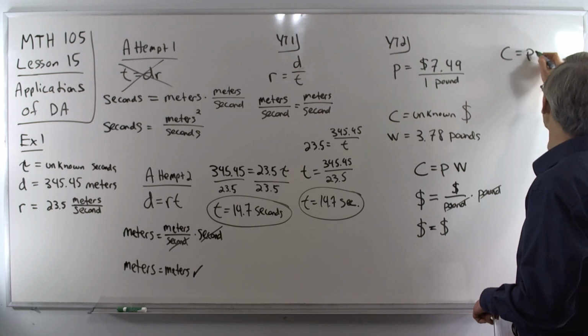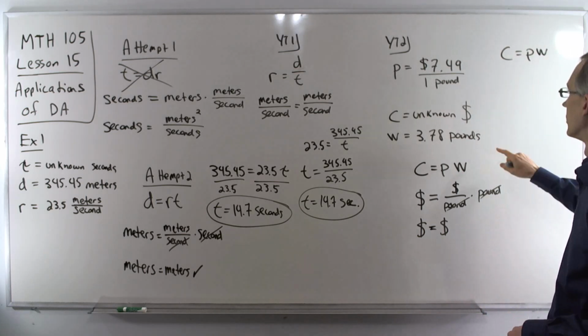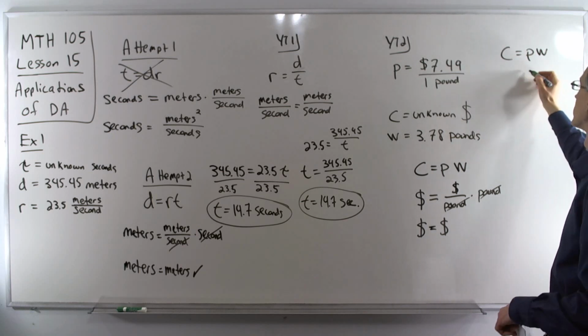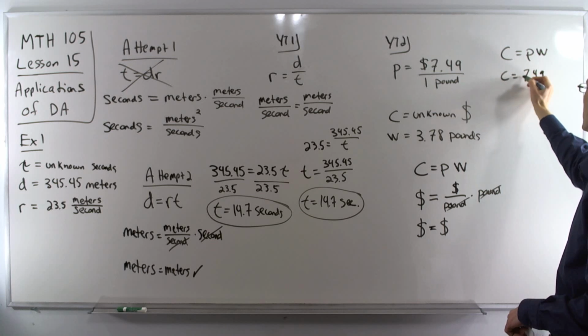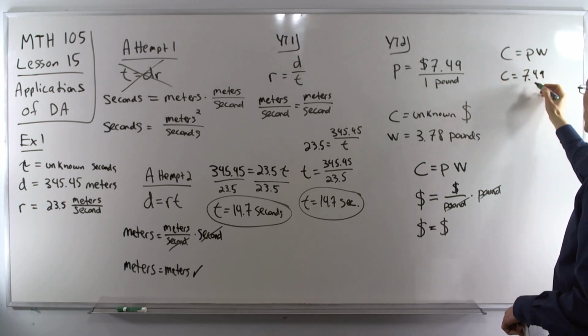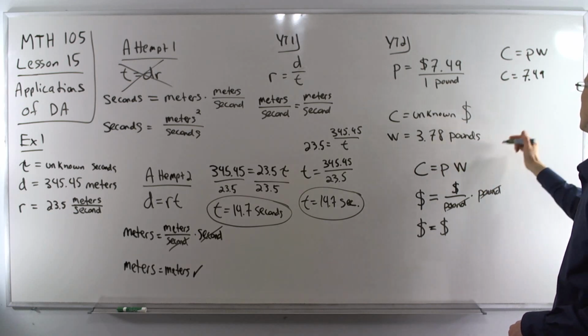We can use that to solve this problem. I'm going to plug in what we know. We know P, which is 7.49. Once you start solving the equation, leave the units out. Don't want to include those, it can be confusing. And then W is 3.78.